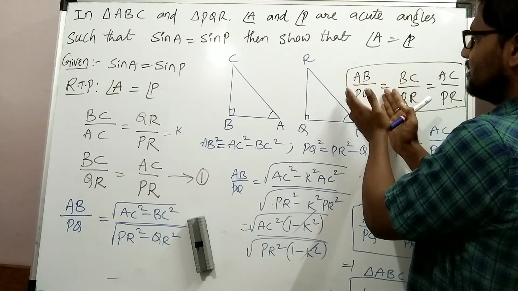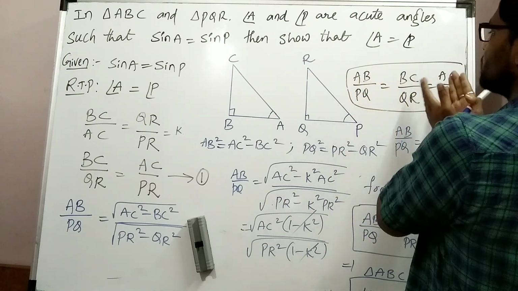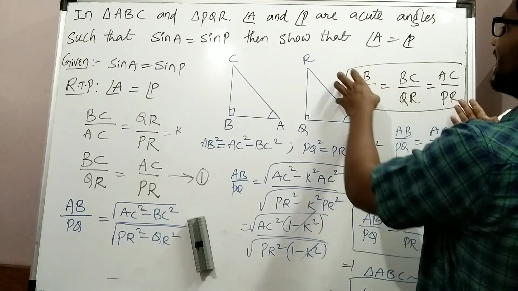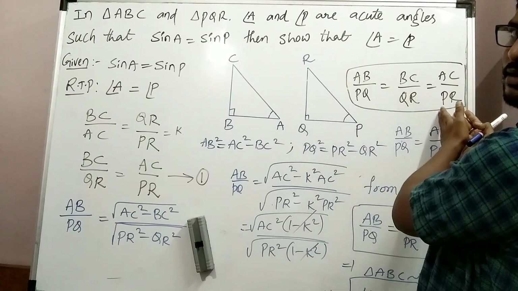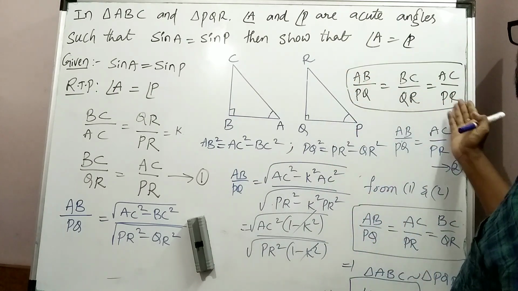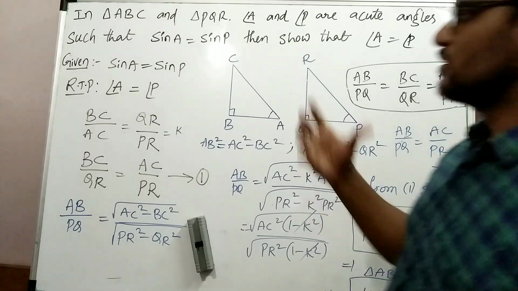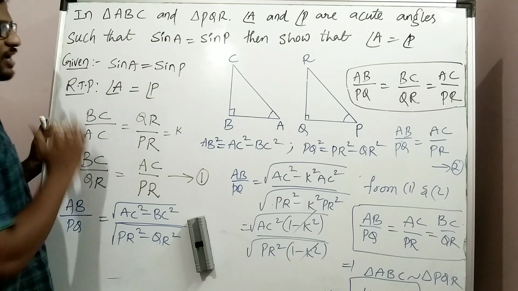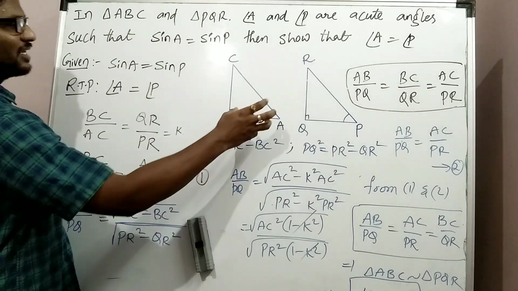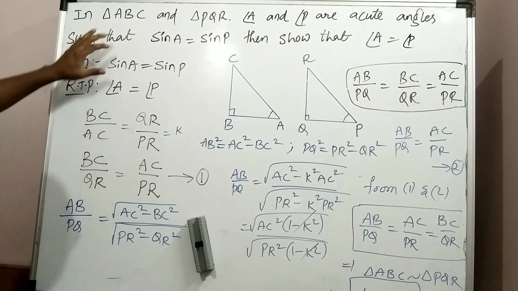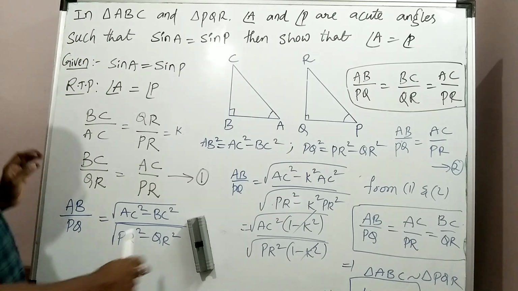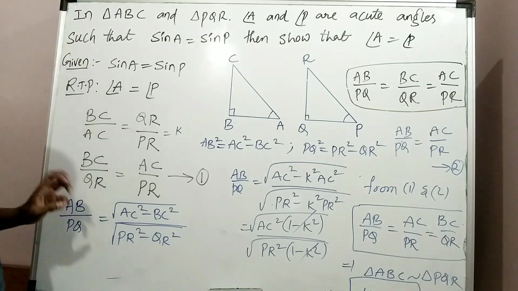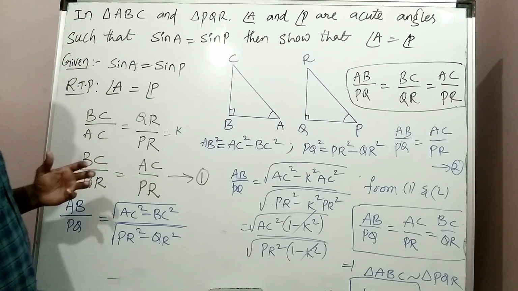Next, by taking the third ratio and writing it in terms of BC and AC, we get AB by PQ equals AC by PR. So from the two equations, all three ratios are equal. What do you need to remember? Take the ratio equal to some value K, the definition of similar triangles, and the trigonometric ratios. You need more practice to remember this problem.